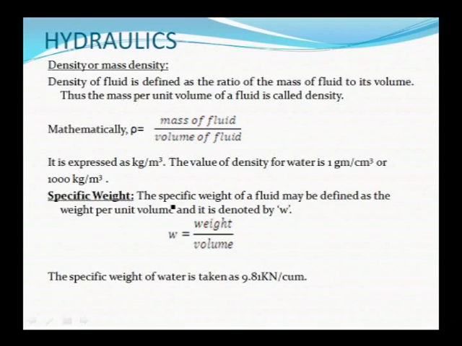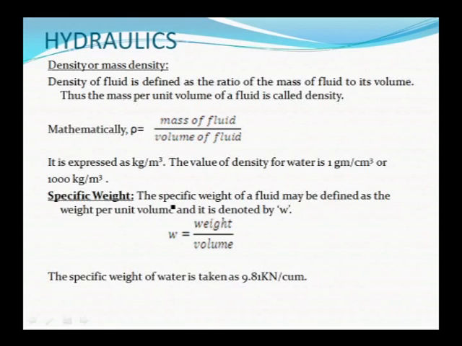Density, also known as mass density. In your examination you will get this definition for 2 marks: density, specific weight, specific gravity, viscosity, compressibility, etc. All these properties carry 2 marks.